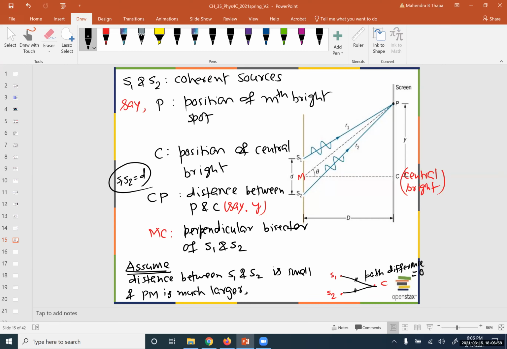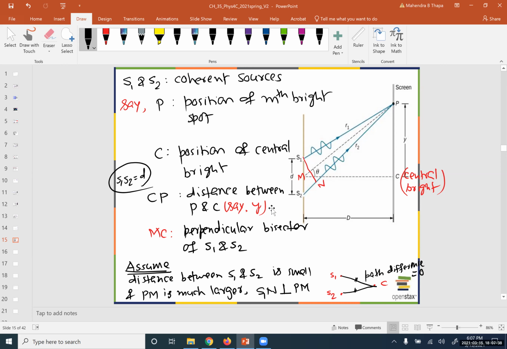Then we can see from this picture that S1 N is perpendicular to PM. Okay, this is the assumption.